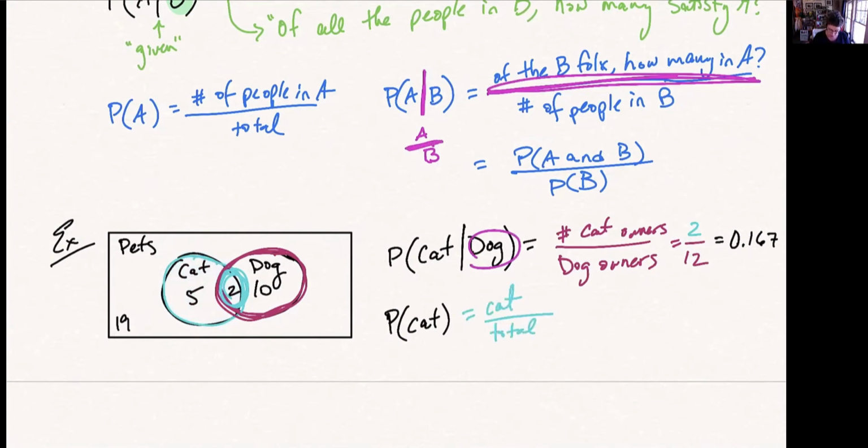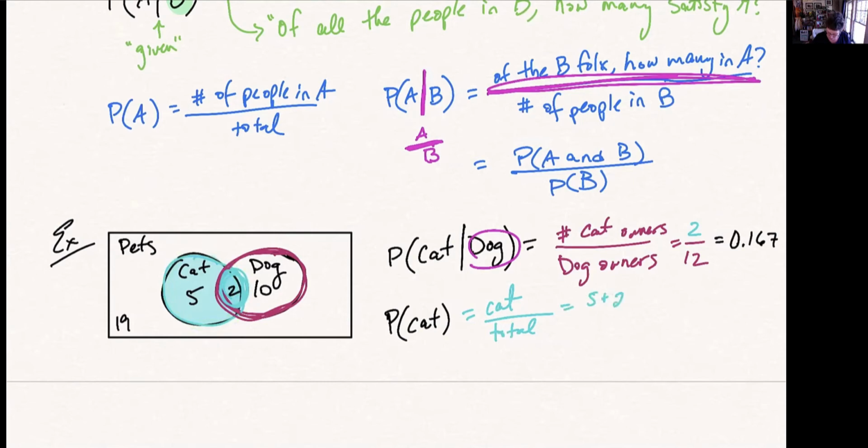So to figure this out, I do need to look at everybody here. You see this 2 here? When I'm figuring out the probability of cat, I'm thinking about everybody that's in this blue circle. I don't care that that 2 is also in the red circle with the dog. All I care about is how many people are in this blue circle, and that's the 5 plus 2, so that's 7.